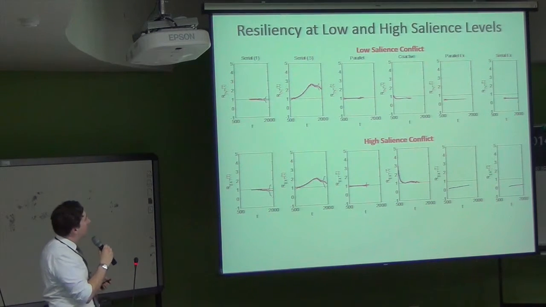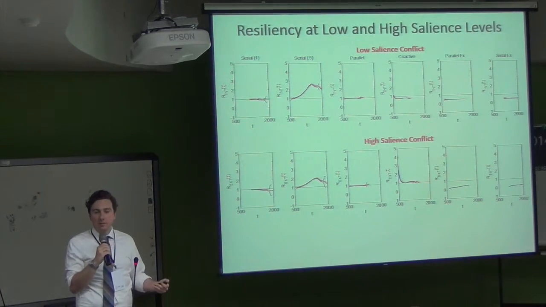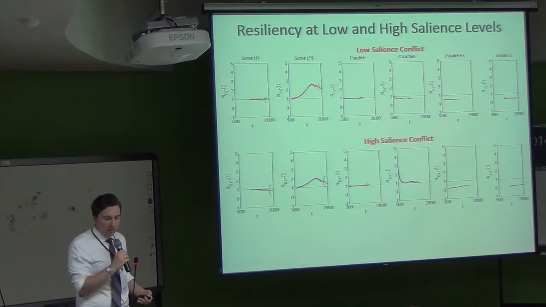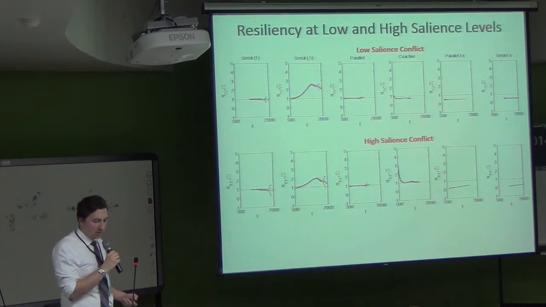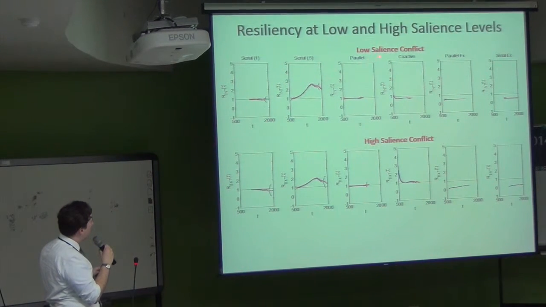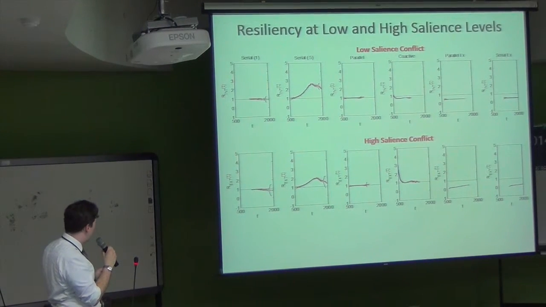So what we can do is take the stimuli from this particular task, and what I've shown you here are the results of simulations for computing this RT function for both these low salience conflicts.